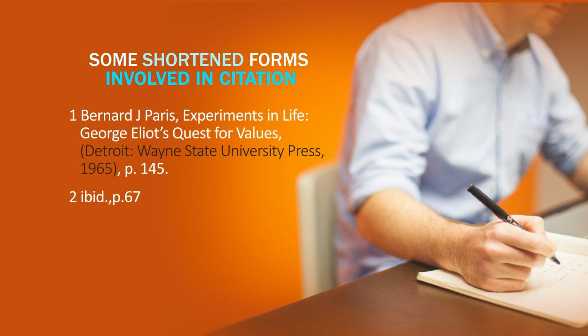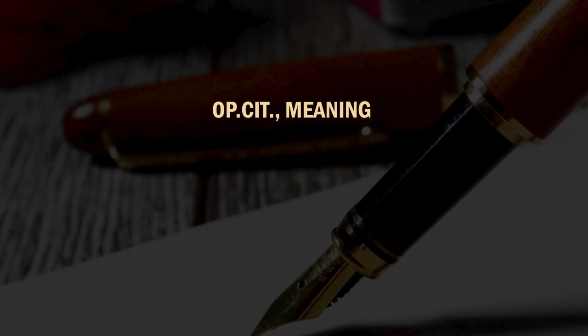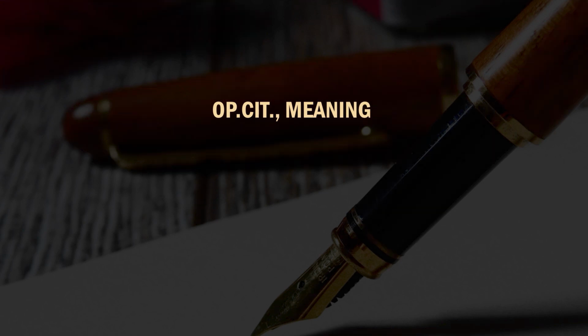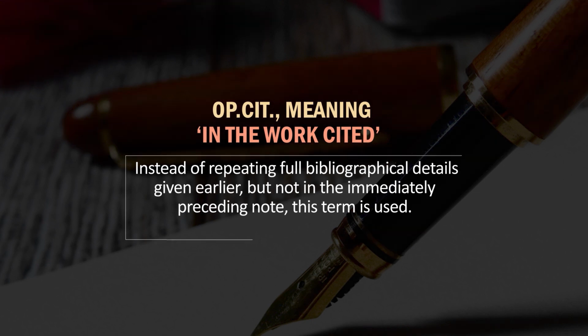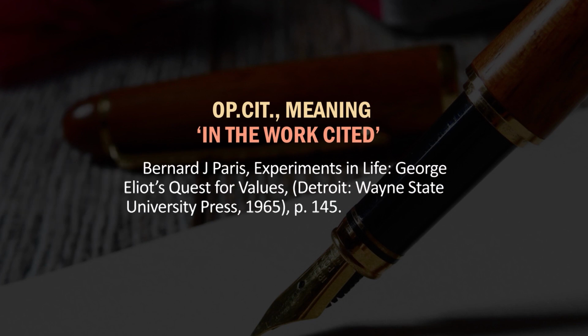Now, let us see where you use op. cit. Op. cit. means "in the work cited." Here, instead of repeating full bibliographical details given earlier, but not in the immediately preceding note, you use this term. As you can see, the first reference is Bernard J. Paris.